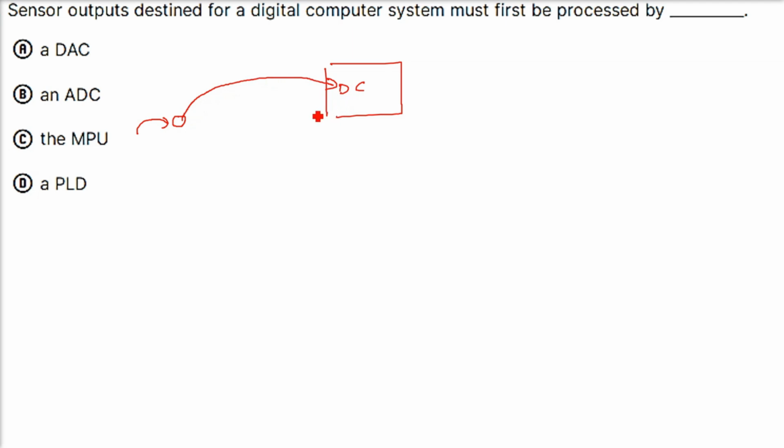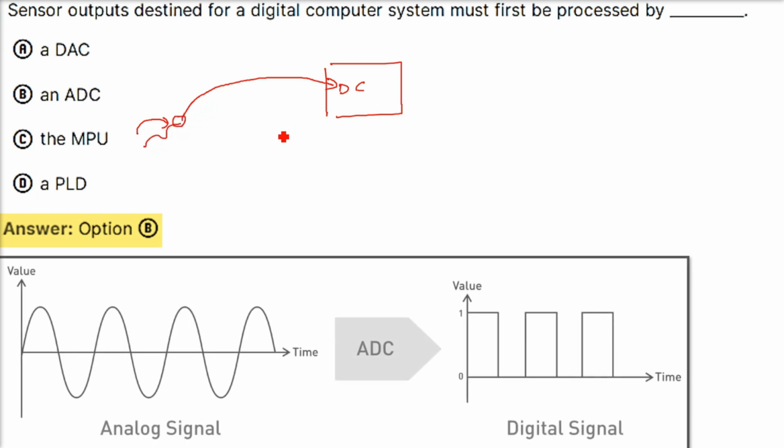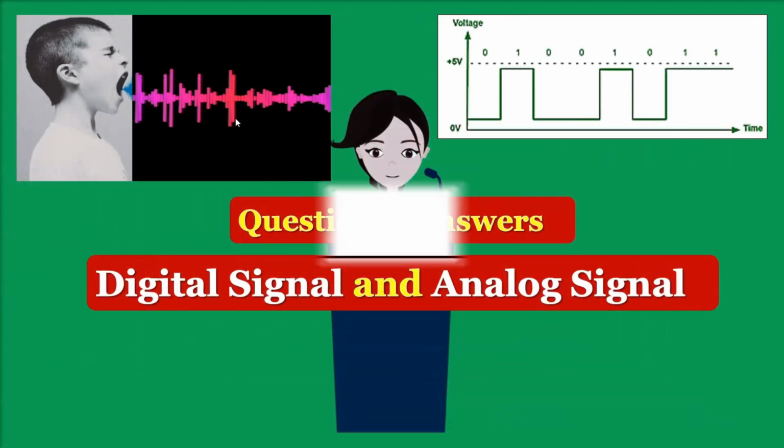All this is because of information from sensors. So this sensor information destined for a digital computer system must first be processed by an analog to digital converter. Analog signals are continuous; you need to convert them into discrete and discontinuous. So the answer is analog to digital converter.